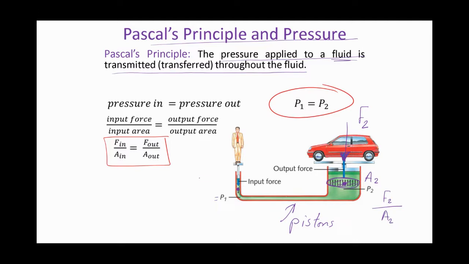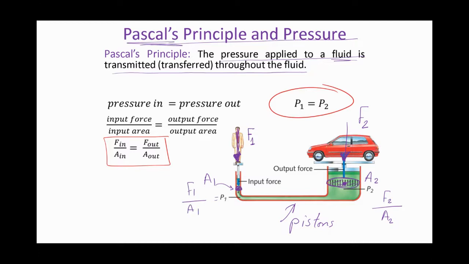The same for the left-hand side. The weight of the person is the force acting on the piston. I will call it F1. And the area of the piston is small here. I will call it A1. So the pressure is F1 over A1.